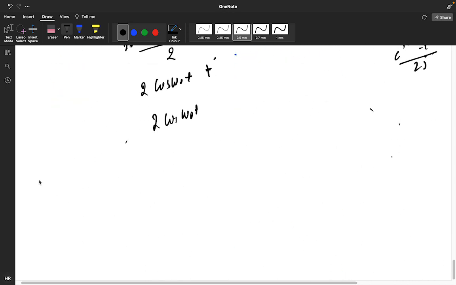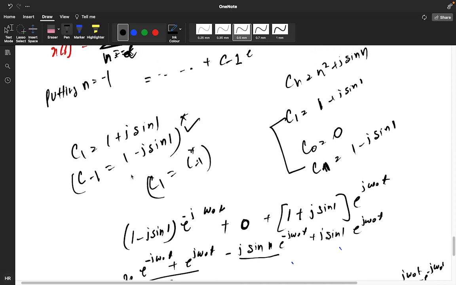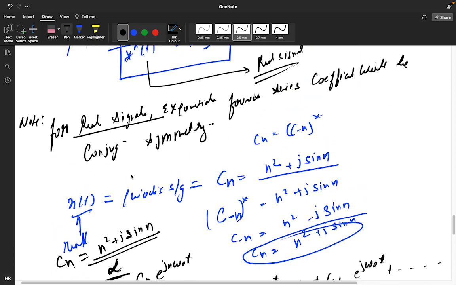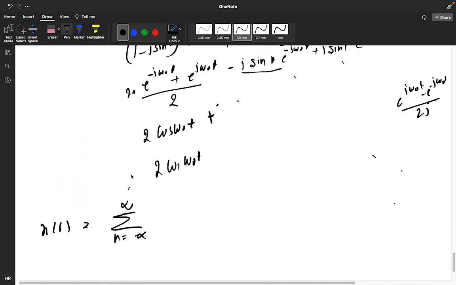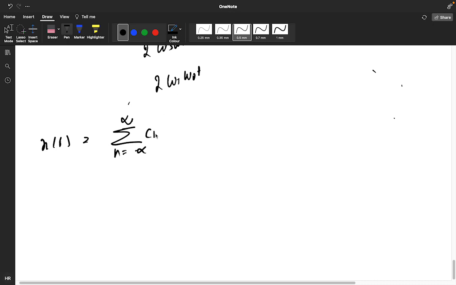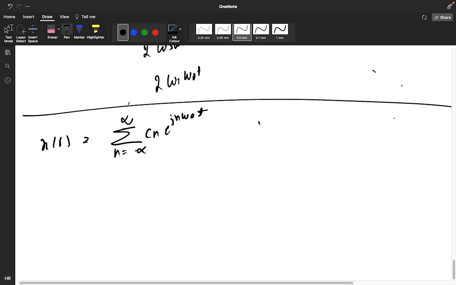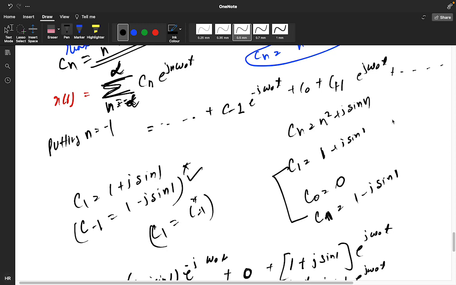So x of t is equals to summation n is equals to minus infinite to infinite of cn e power j n omega naught t, and the value of cn they had given n square plus j sine n. These things they had given.